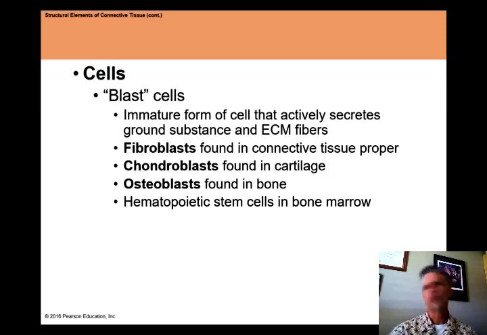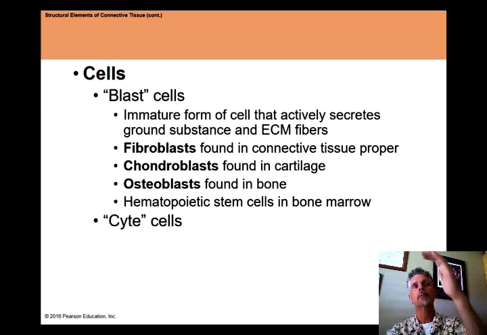And you know, when you're younger, you've got a lot of energy and you do a lot of things. Same thing in terms of these cells. They're constantly building, especially during development, but also during your lifetime, building more of that particular tissue in the extracellular matrix. Then we have the mature cells. After the prime, you get to the mature cells.